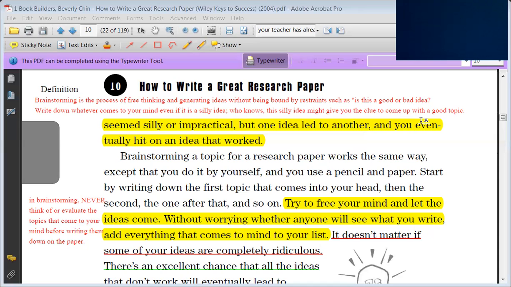No, just mention it, and then you can later omit this silly idea from your list. You have to write it, include it in the list, and then later you can read the list and decide whether this topic or this idea is a silly or a good one. Okay, just mention it at the beginning and then you can decide.